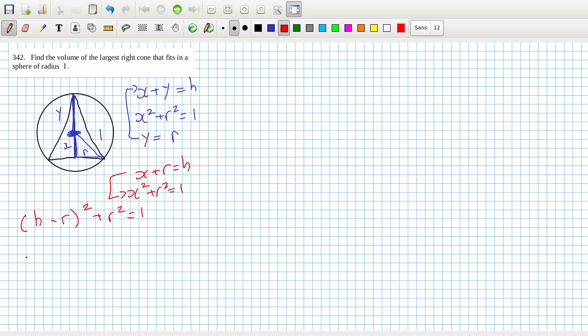So that's a little bit messy, messier than I would like it to be.